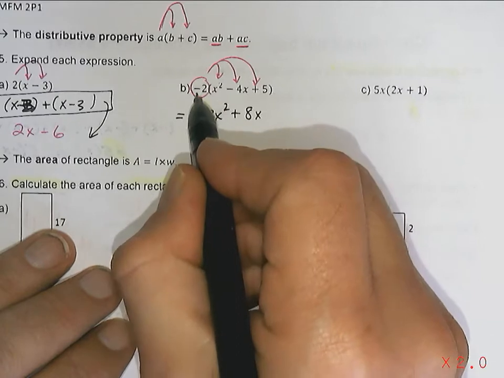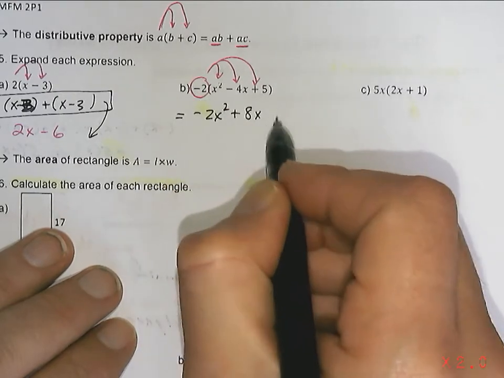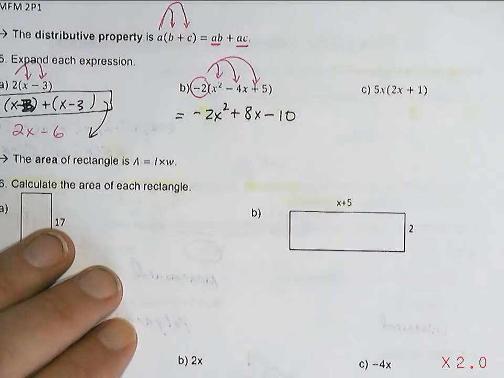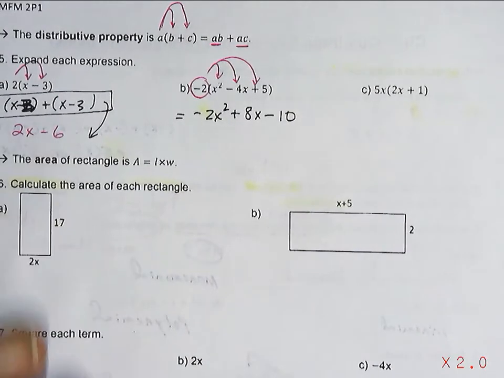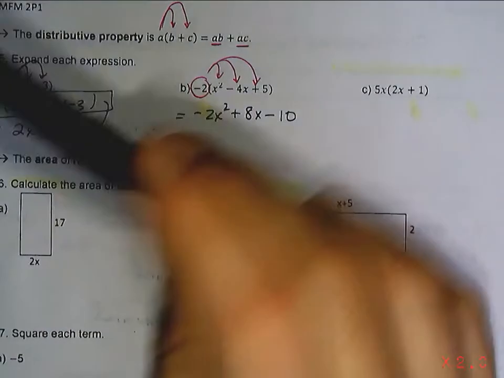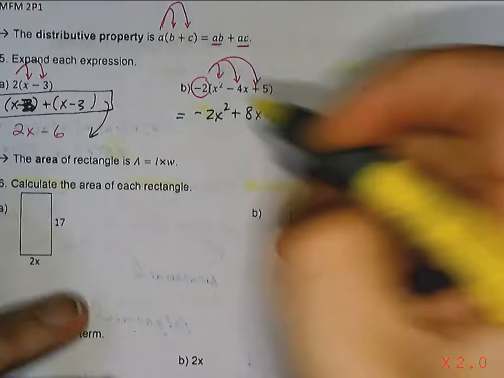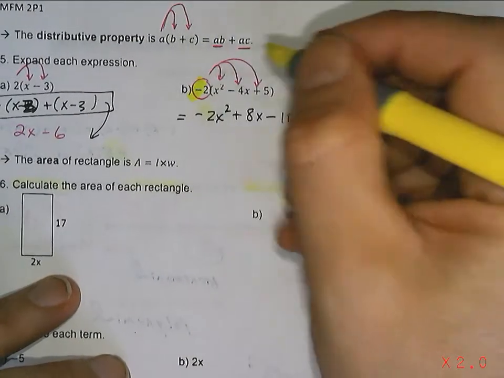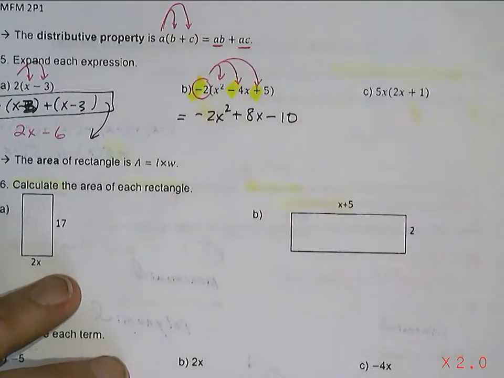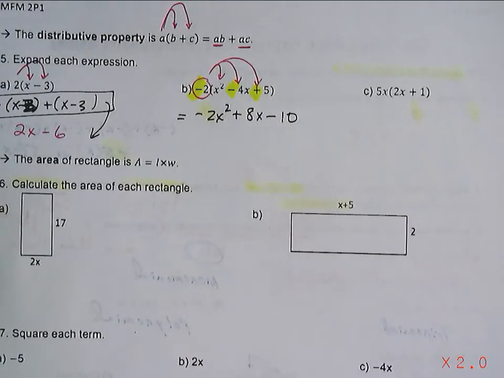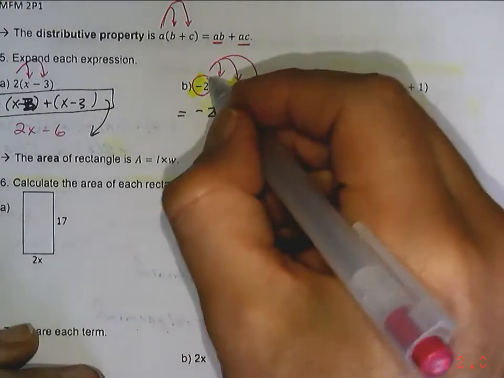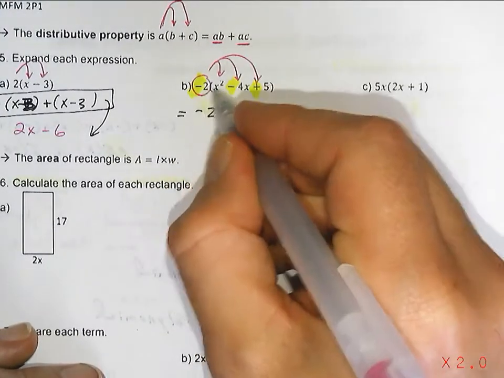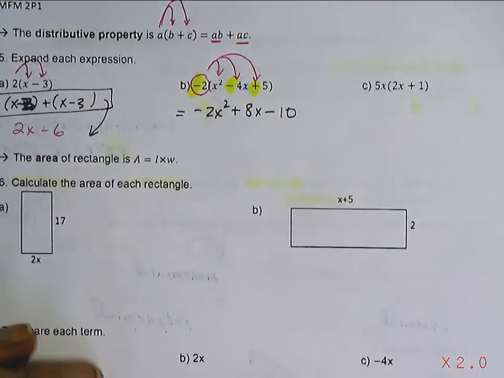Then go back. Negative 2 times positive 5 is negative 10. If you do start getting this wrong, chances are it's in your signs. You forget to take that negative and apply it to these guys. That's where most people make a mistake. So if you circle it and always go back to it, you won't make that mistake.